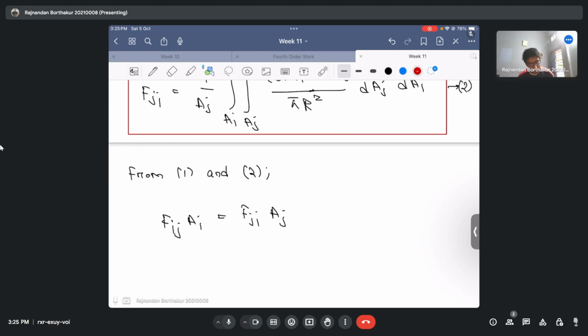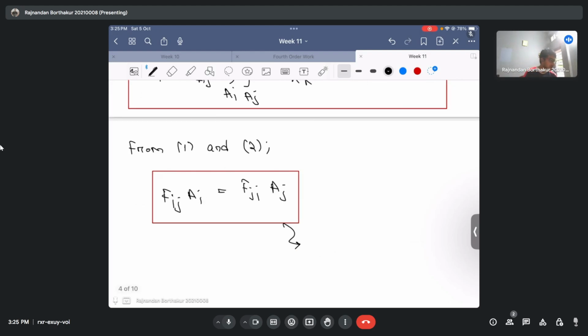This seemingly very simple yet very powerful relation in terms of view factor is known as the reciprocity relation, and I think you have already seen this in your lecture classes as well. It is very powerful in view factor analysis, as we will see when we solve a numerical associated with it.